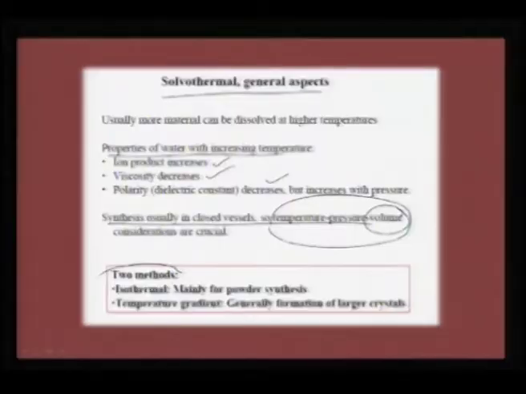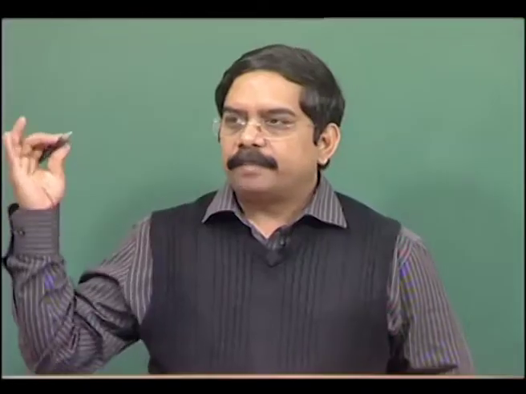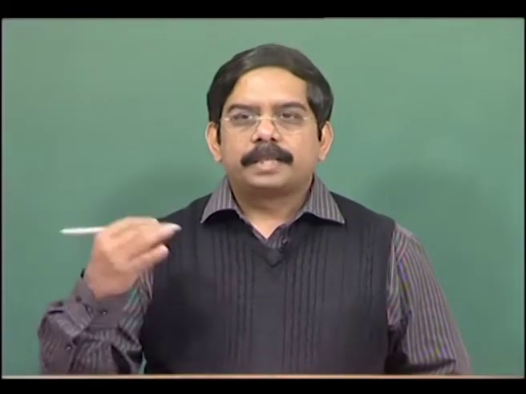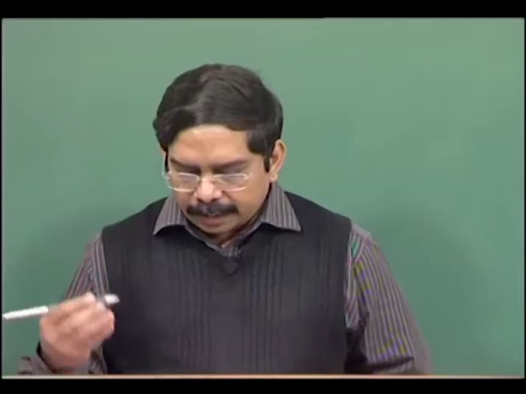There are two methods by which we can do this. One is isothermal, mainly for powder synthesis, where you just take the reaction temperature to 70 degrees or 100 degrees and put this in a furnace for 3 days, 6 days, 7 days and so on. So, recrystallization-oriented powder synthesis usually involves a long period of time, and those are isothermal experiments.